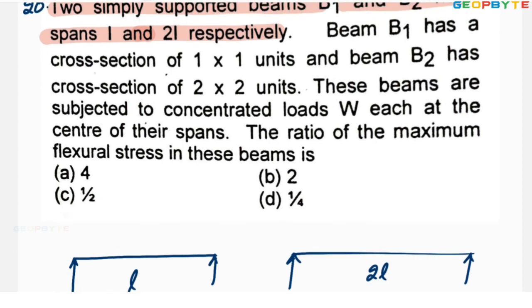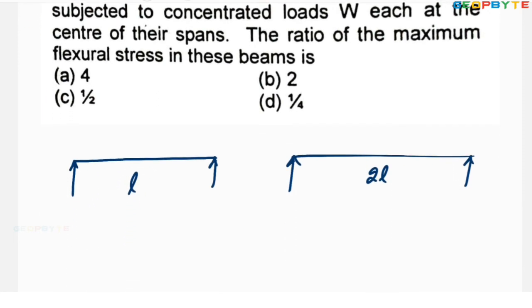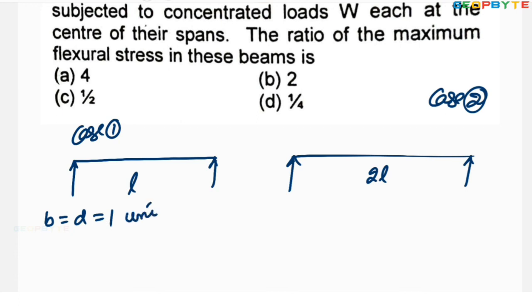Next, the beam 1 has a cross section of 1 unit into 1 unit and beam 2 has cross section 2 unit into 2 unit. I can say that breadth equal to depth for case 1, case 2. For case 1, breadth equal to depth equal to 1 unit.